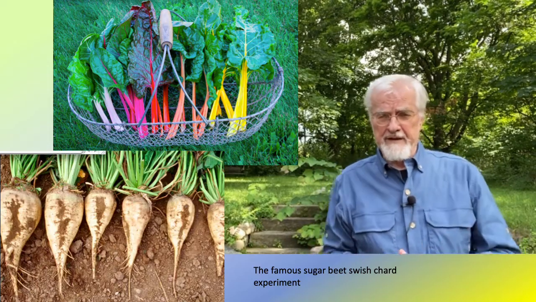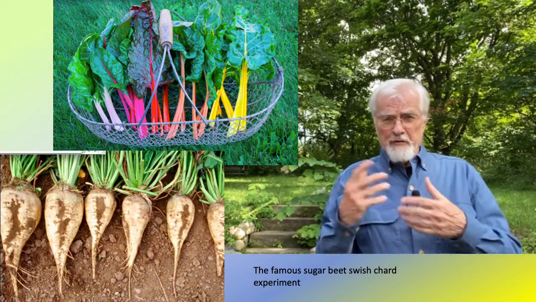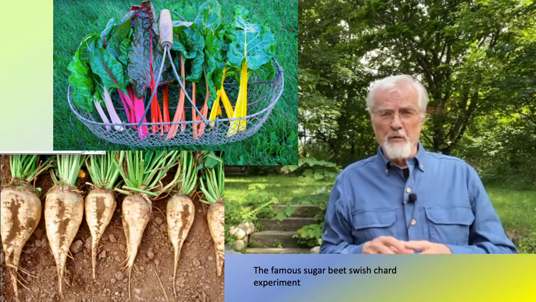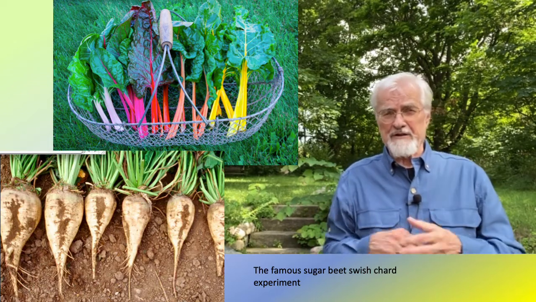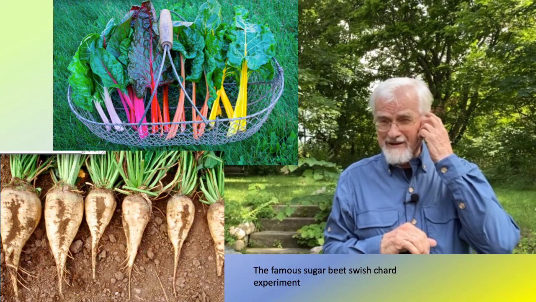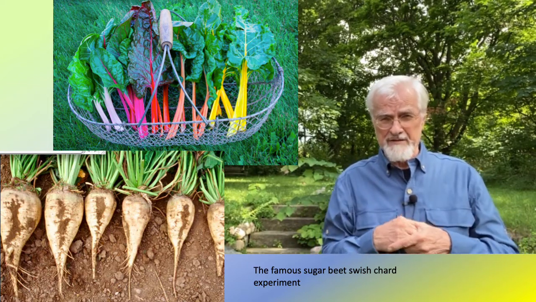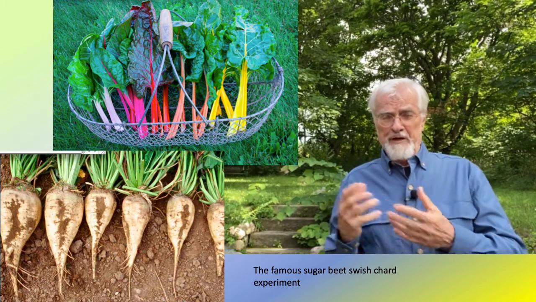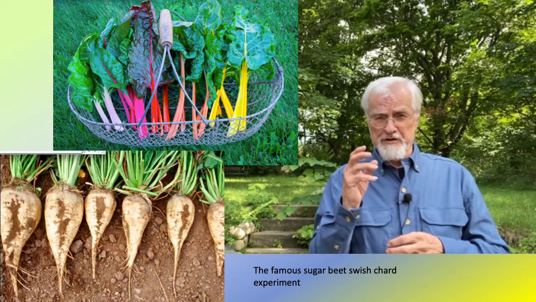This experiment is, in my mind at least, a classic experiment illustrating the way plants actually do decide how to allocate the photosynthate, that is the material that comes out of photosynthesis. Here you have two varieties of the same species. You have Swiss chard and sugar beet.